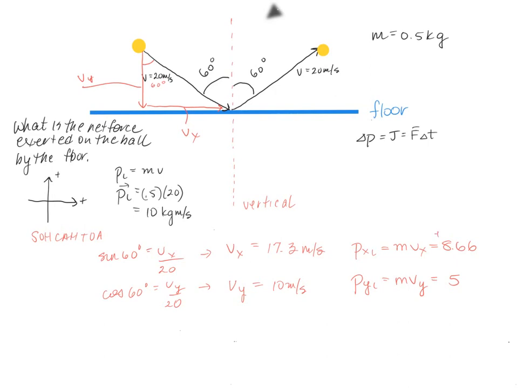Px is indeed positive, but Py initial is indeed negative. Okay, so now we're going to go on to the next slide, and hopefully from the symmetry we can see that we're going to get the same results for Px final and Py final, only that they're going to be in different directions.